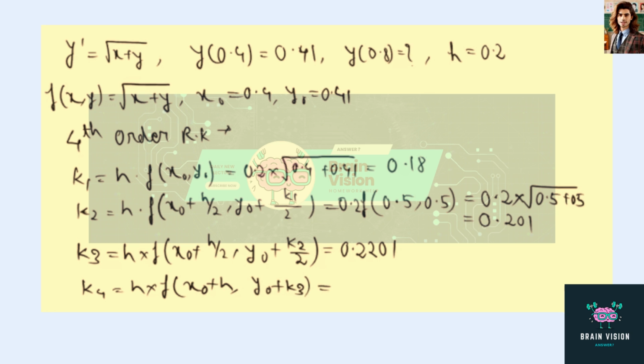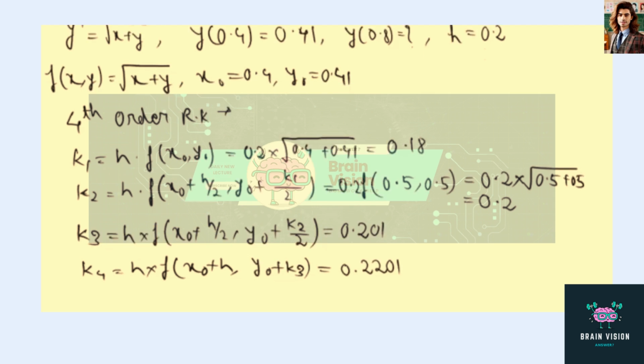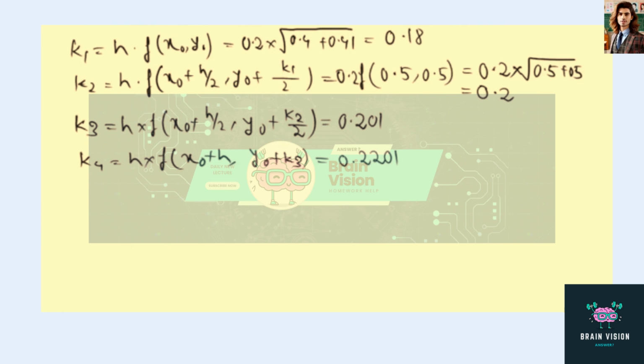So that would be 0.2201. So here the values change a little bit. That would be basically 0.201. Since this is a fourth order Runge Kutta method, we'll find up to k4 and put these values here.